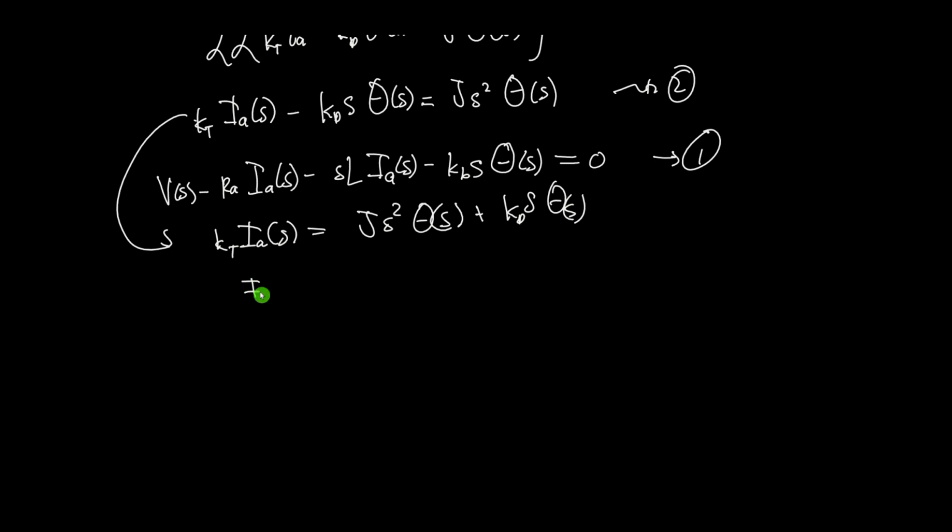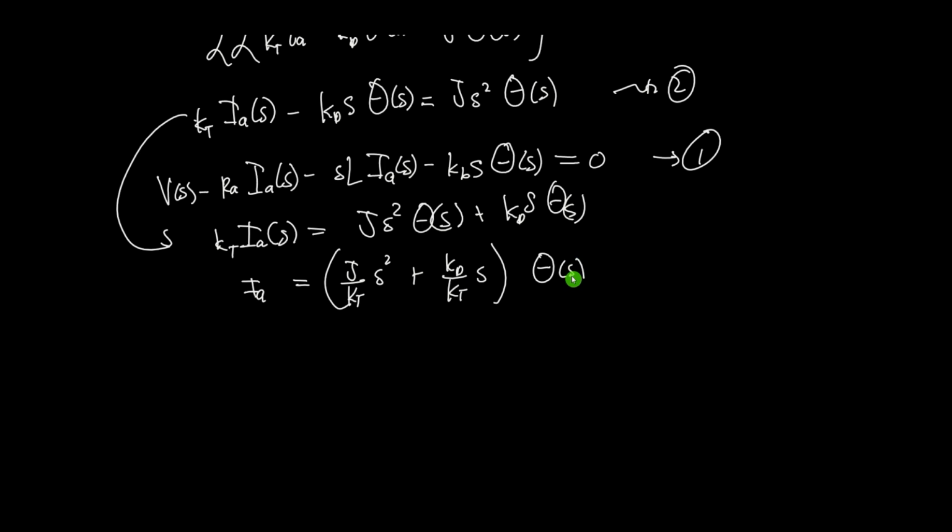So I_a now will be equal to, dividing both sides by KT, J divided by KT times s squared, and I will factor out the theta of s, plus KD over KT, multiplied by s, then this whole term is multiplied by theta of s.